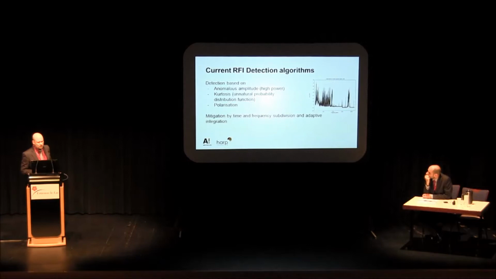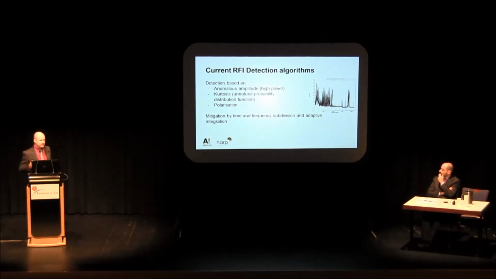So current radio frequency detection algorithms are quite simple. First of all, they are based on just detecting the anomalous high amplitude of the signal, or then a bit more advanced algorithms are measuring the probability distribution function of the power and measuring its different parameters, for example kurtosis, and detecting with these statistical parameters, selecting the areas which are not normal and excluding them.